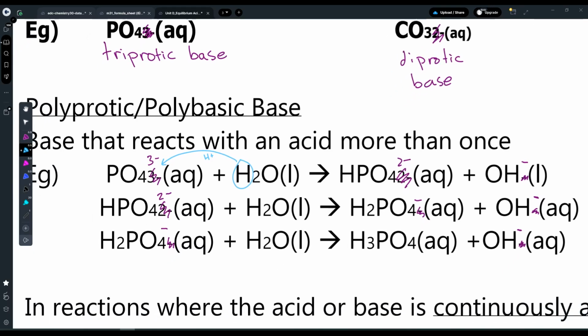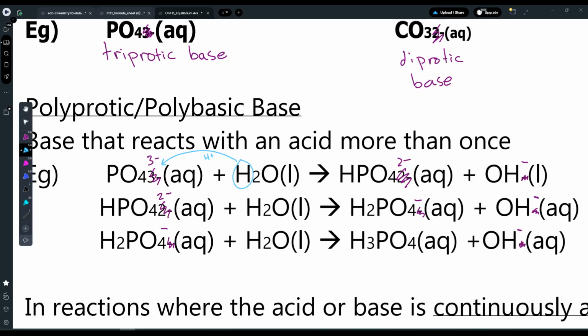For the subsequent reactions, we're going to take the conjugate acid of this base and we're going to keep on reacting it with water in order to see how the subsequent reactions happen. Okay, so in other words, choose the ion that is not hydroxide.